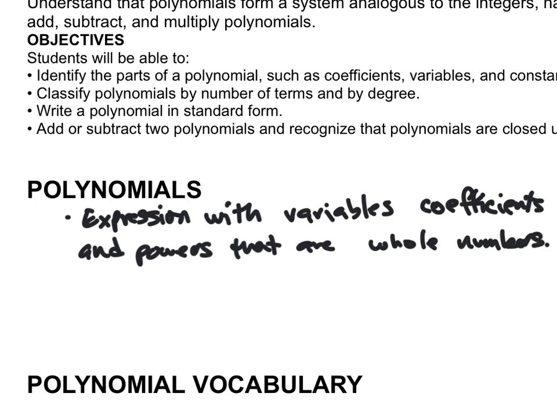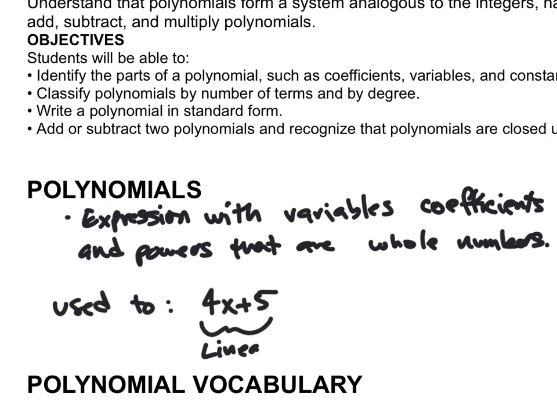So an example of this, here's what we're used to. We are used to seeing something like 4x plus 5, okay? This is what we call a linear function or a linear expression, okay?